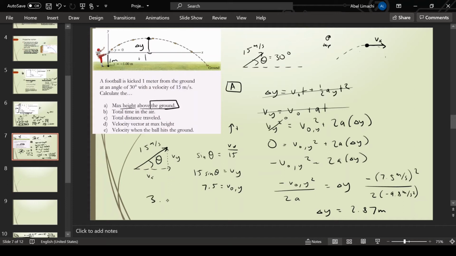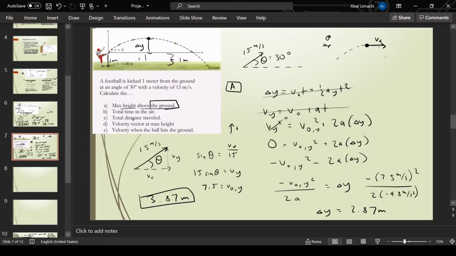The final answer is 3.87 meters, because the football was already 1 meter above the ground. What we did was we ignored the ground and pretended this x-axis was the ground. Now we can't pretend anymore, and we have to add this missing distance, which was 1 meter.